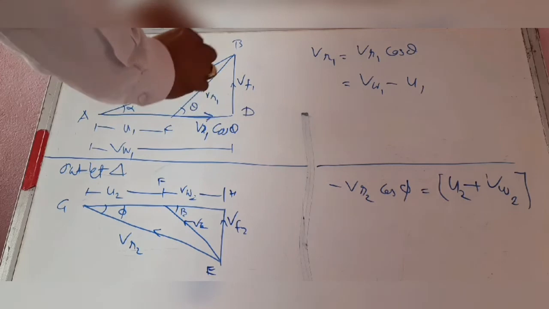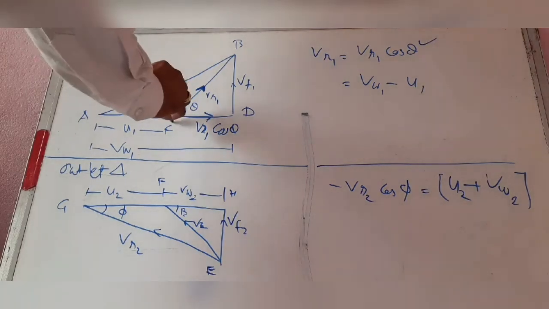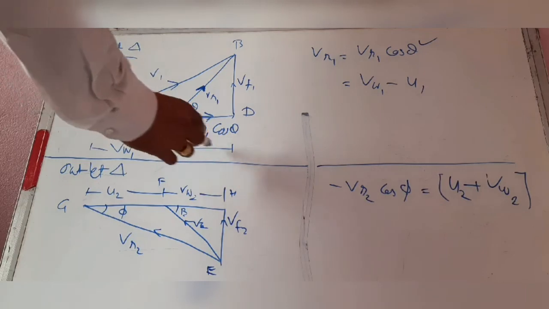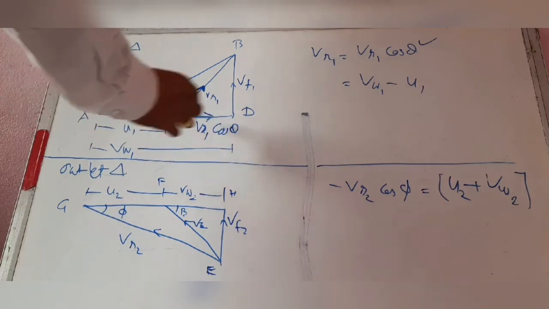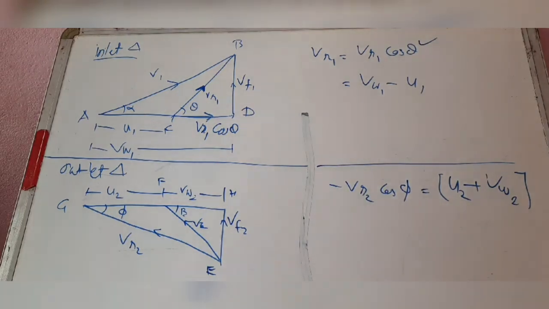This can be replaced by VW1 minus U1. We have used this in our calculation, as I told, in the inlet triangle and outlet triangle.